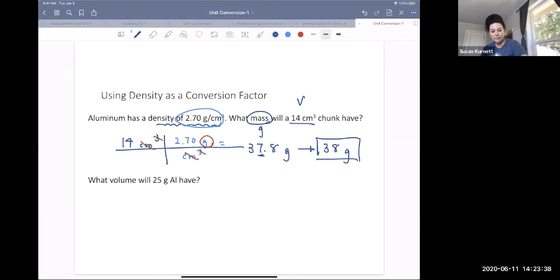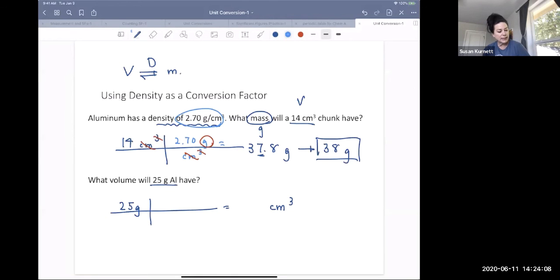So when we're going from volume to mass, or from mass to volume, we're going to use density. Okay, so we're going to do that same idea now, but instead of going from volume to mass, we're going from mass to volume. So 25 grams. And we want to end up with volume, so cubic centimeters would work.